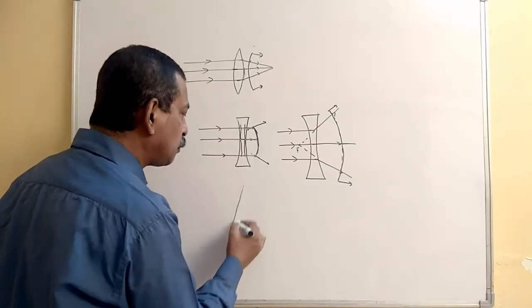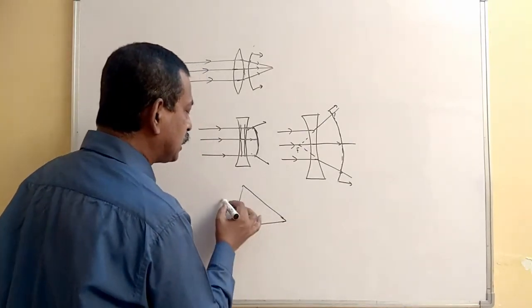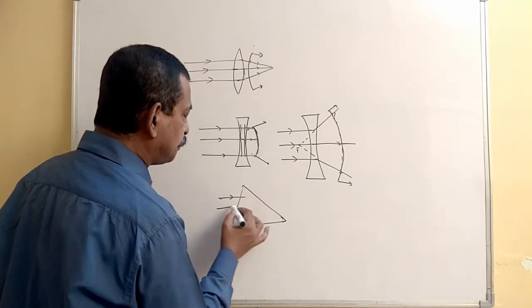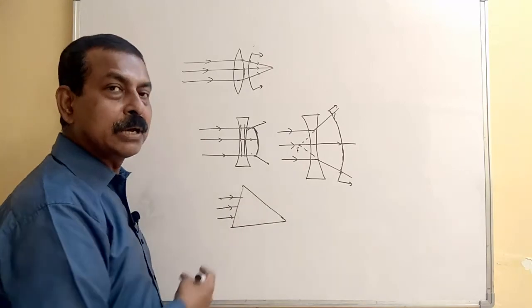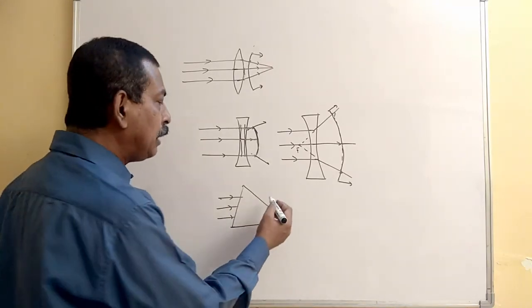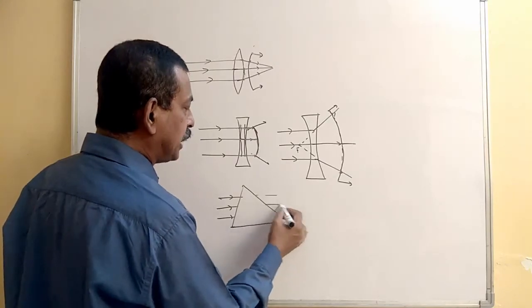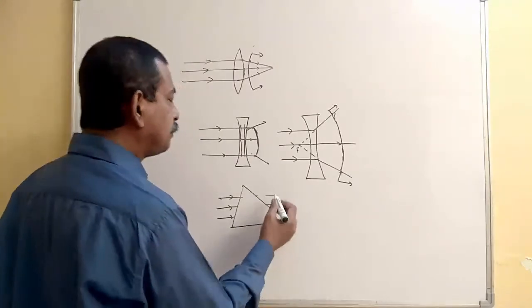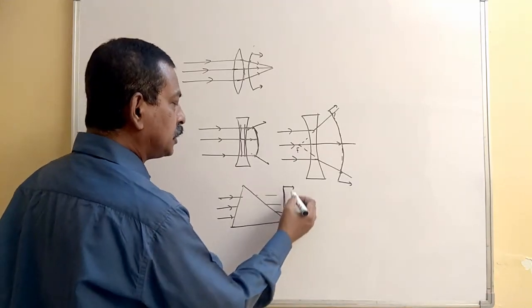Similarly, suppose you have a prism, and the rays are falling on the prism. When the rays come out of it, their shape will be given by this.